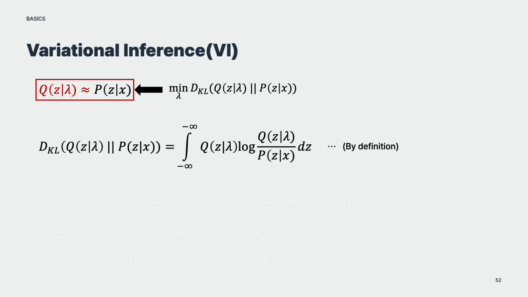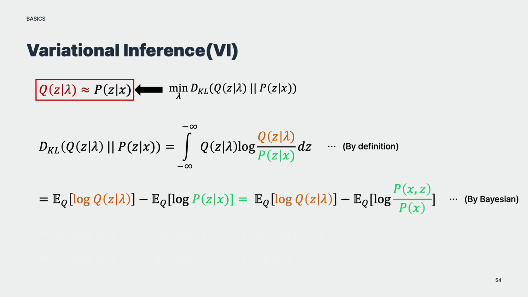This KL divergence term can, by definition, be expanded as follows. And using the rules of logarithms and the definition of expectation, it can be rewritten as the difference of two expectations as follows. Let's summarize up to this point from Bayes' rule.